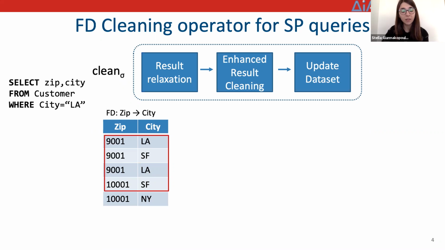Then similarly, we bring the fourth tuple, since it has the city value San Francisco. And then we can stop the transitive closure because we already have the values that are candidates to take as city Los Angeles. And these are the ones that have a zip code 9001. And we also have the tuples that are required in order to fix the domain of the zip code.